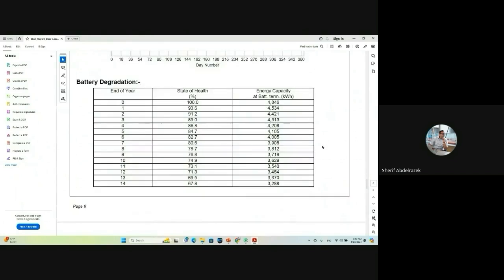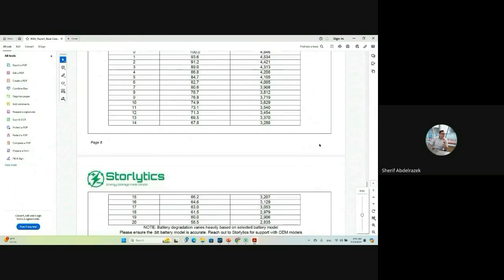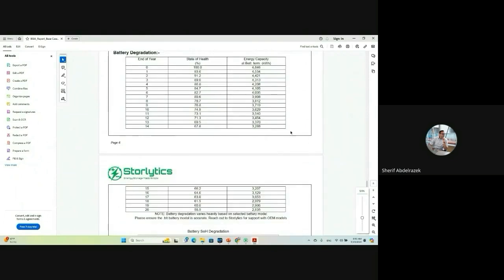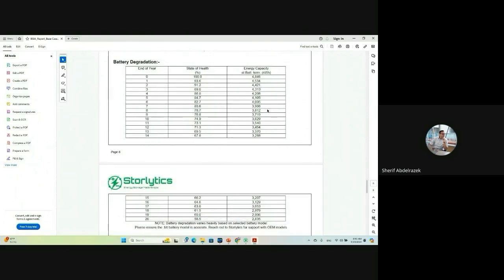And then most importantly, and most impactful to project cost, is degradation, right? So we had laid out the project requirements here to have 4 megawatt hours dischargeable at the point of interconnect for 20 years, right?